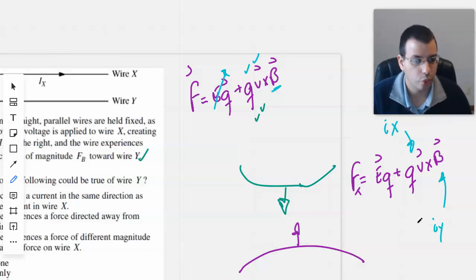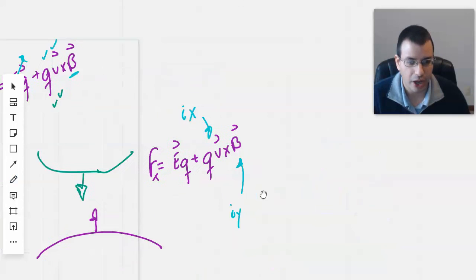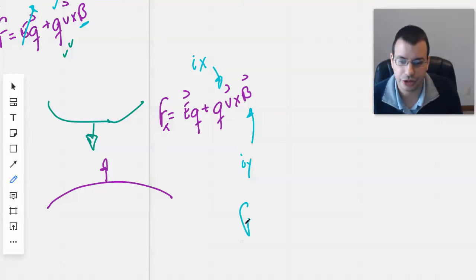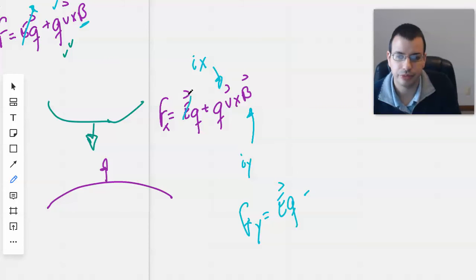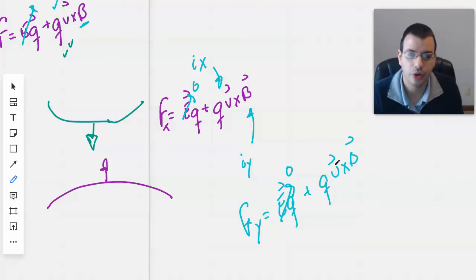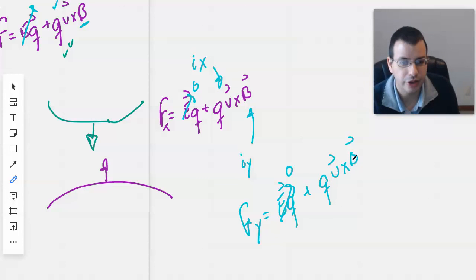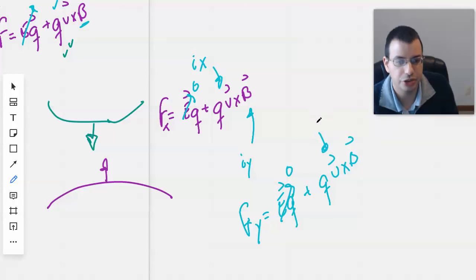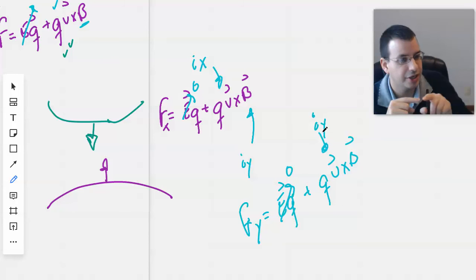So if you look at force on Y then, the force on Y is going to be EQ, which is 0, plus QV cross B. These B's and the V might be different, but this V has to do with the current going through Y, because that's the change in charge per unit time.